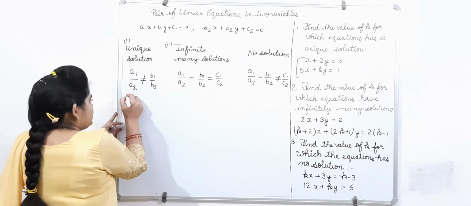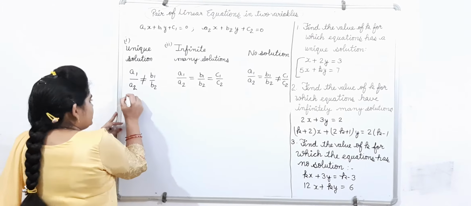The equations are 2x plus 3y is equal to 2 and k plus 2 into x plus 2k plus 1 into y is equal to 2 into k minus 1. First of all, rearrange these equations: 2x plus 3y minus 2 is equal to 0 and k plus 2 into x plus 2k plus 1 into y minus 2 into k minus 1 is equal to 0.